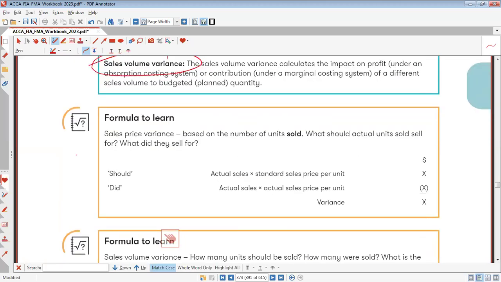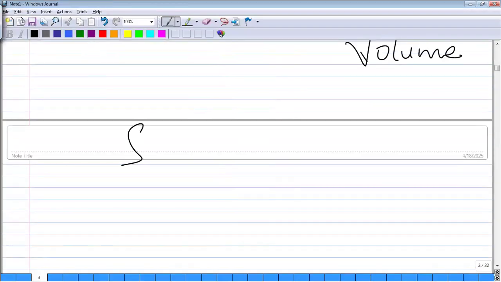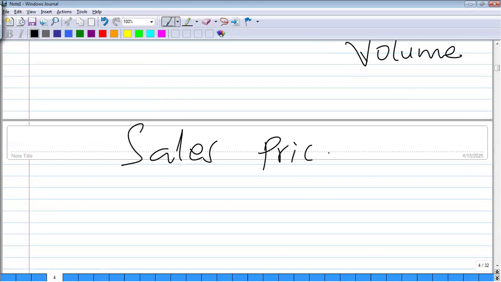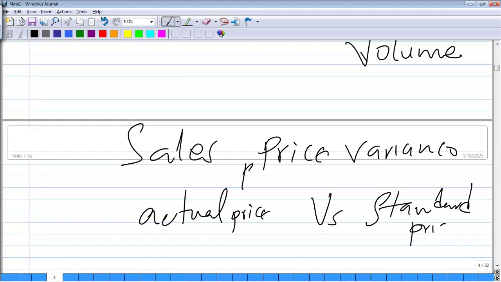Sales price variance is just like any other expenditure variance. It looks at the difference between the actual price versus standard price. But on what?